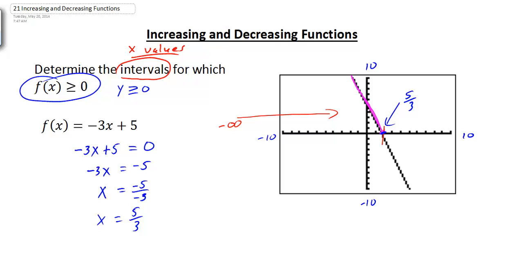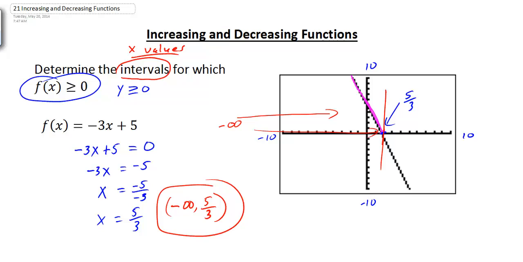So all the way up to that point, now again, these are x values. So if we start here from negative infinity, all the way up to this point here at 5/3, over this interval, the graph is above the x-axis. So if you look from this red line here at 5/3, over here from negative infinity to that point, notice that our graph here is always above the x-axis.